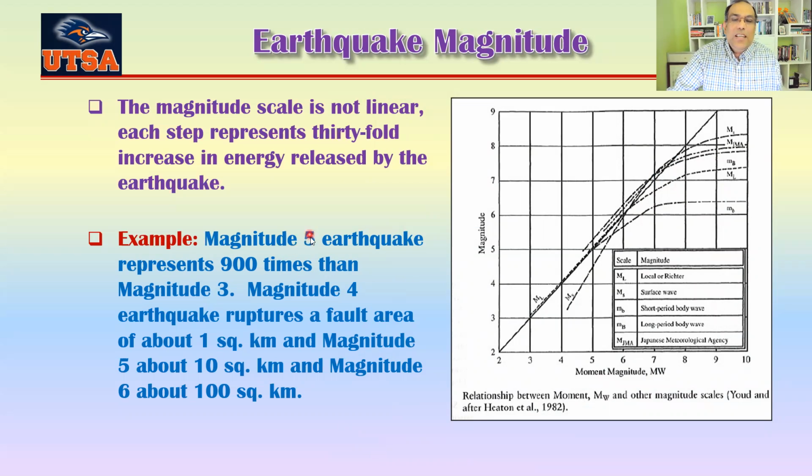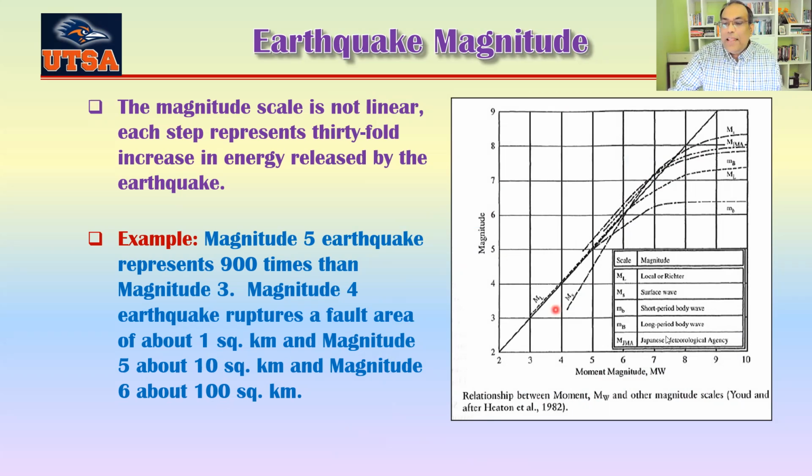Each step is like 30 times. So from 3 to 4 is 30 times, from 4 to 5 is 30 times, so the total is 900 times. A magnitude 4 earthquake ruptures a fault area of about 1 square kilometer, magnitude 5 about 10 square kilometers, and magnitude 6 about 100 square kilometers.